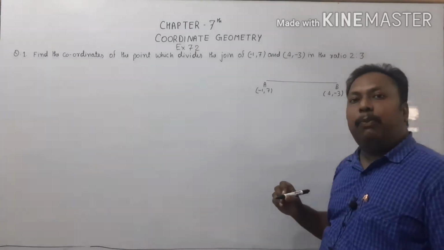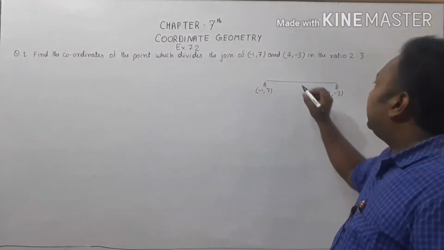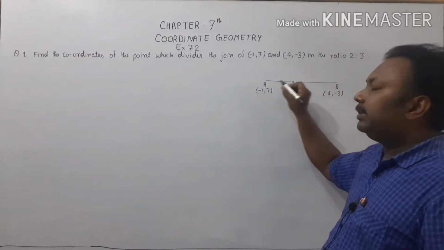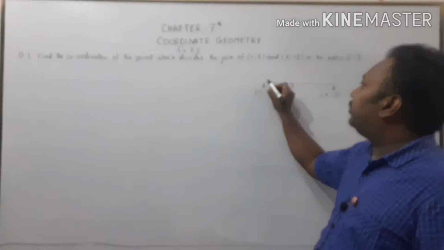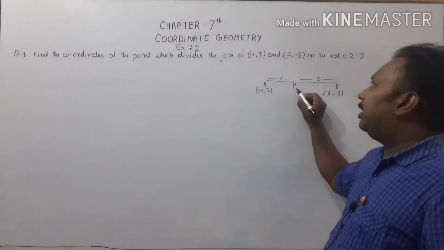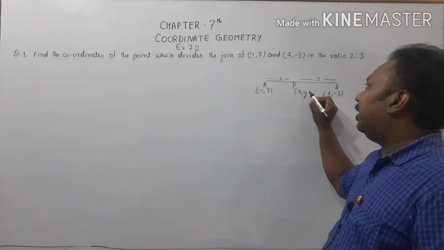and take a point P on the line. This point divides this line in the ratio 2:3. We have to find out the coordinate of that point.